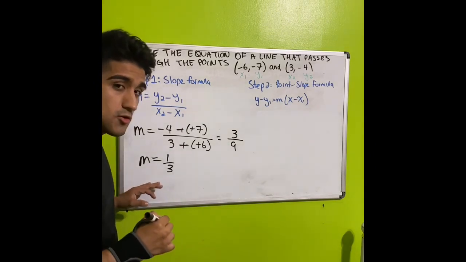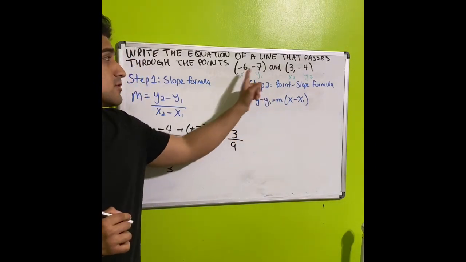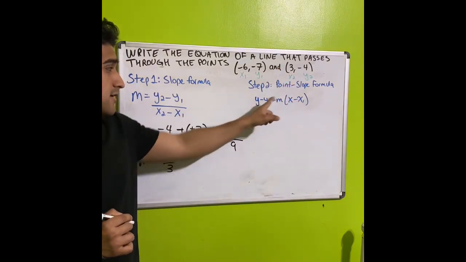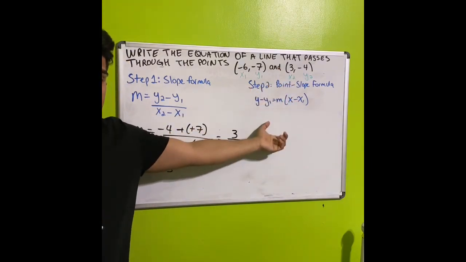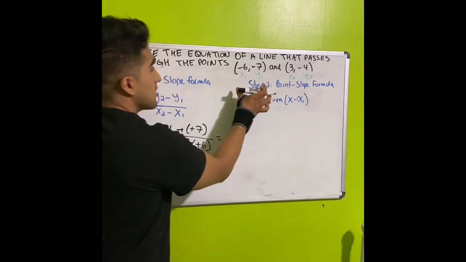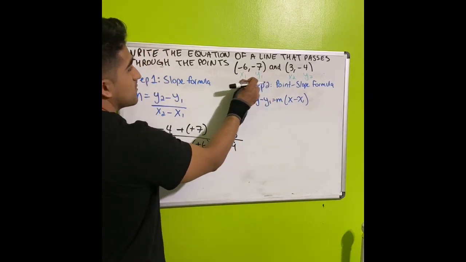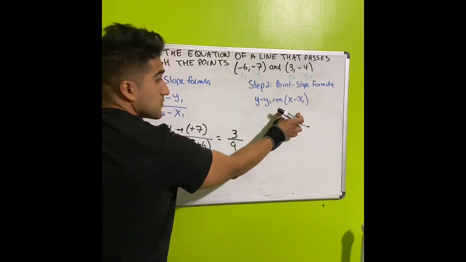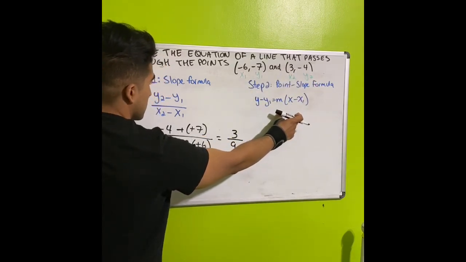Now that I know my slope, I'm going to use one coordinate point and the slope to generate my equation using the point slope formula. I'm going to go ahead and pick the first coordinate point, x sub 1 and y sub 1, to substitute into the point slope formula along with my slope.